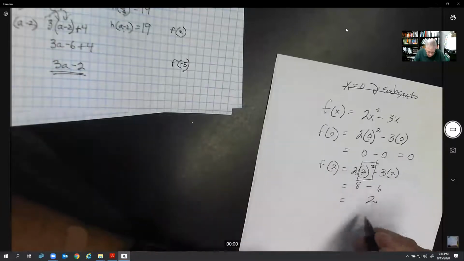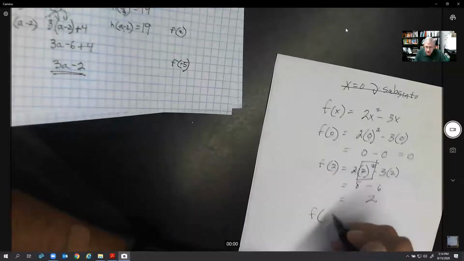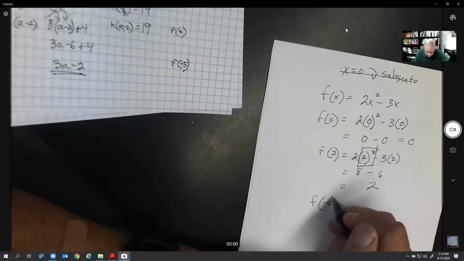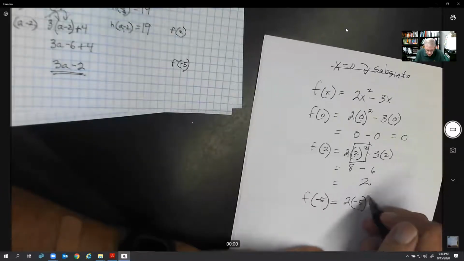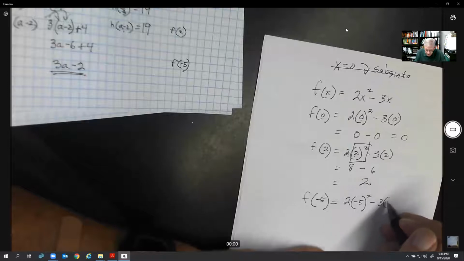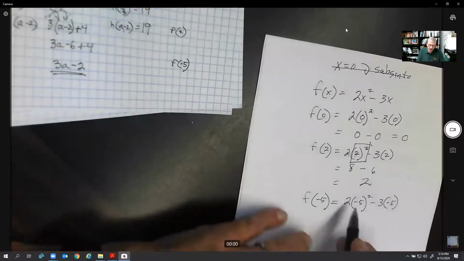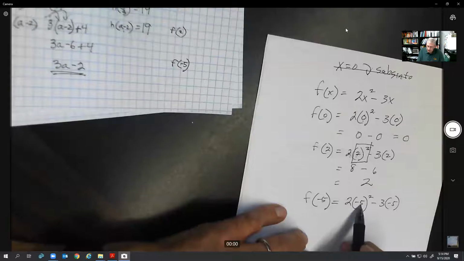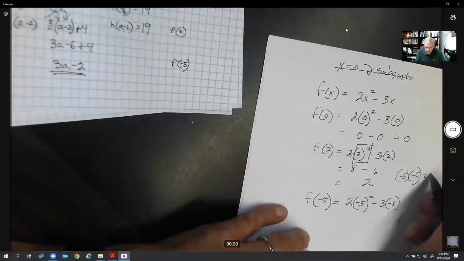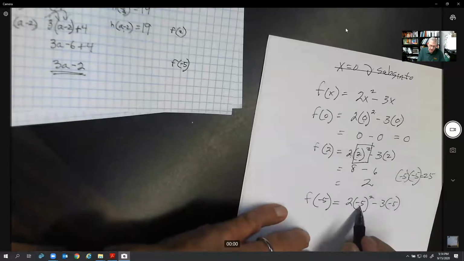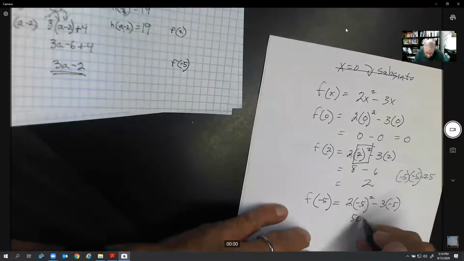All right, let's try another one. Function of negative 5. I'm going to put a negative 5 in here and square it. Minus 3 times a negative 5. Negative 5, again, don't multiply. Raise it to the power. Negative 5 times negative 5, positive 25. So this is 25 times 2, 50.